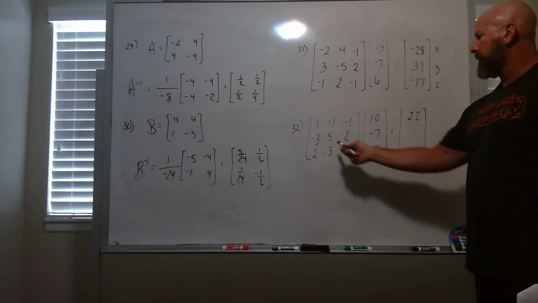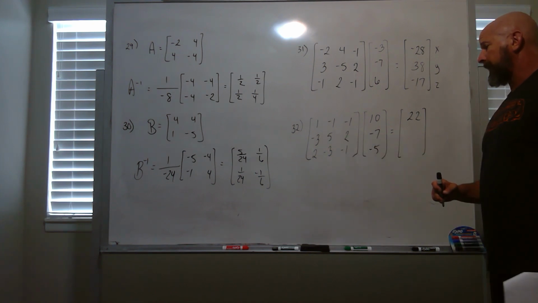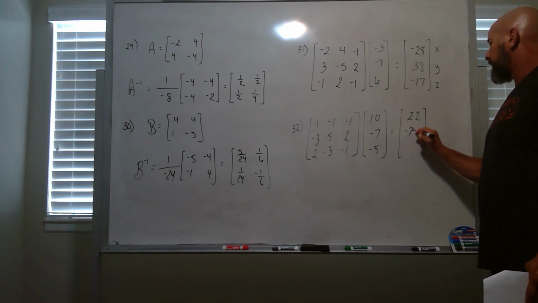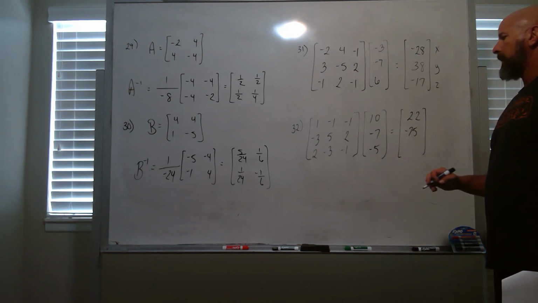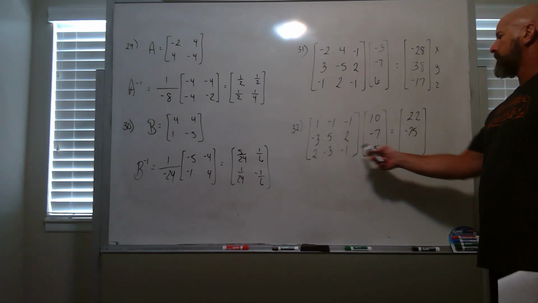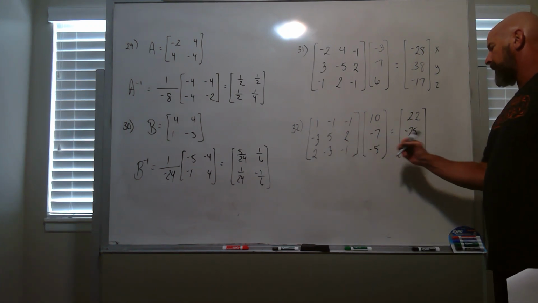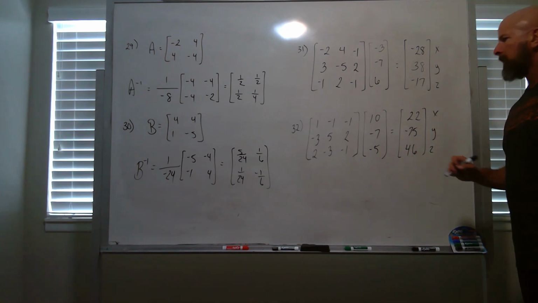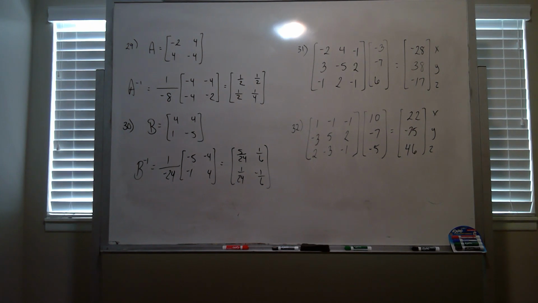Negative 30. Negative 35, so that'd be negative 65, and then negative 10, negative 75, and then 20, 21 is 41, and 5 is 46. And again, those are my values for X, Y, and Z. So you remember, multiply my inverse matrix that I'm given times the answer matrix.